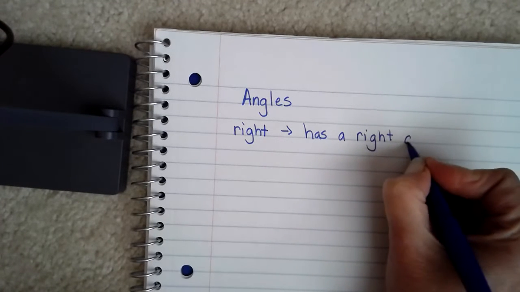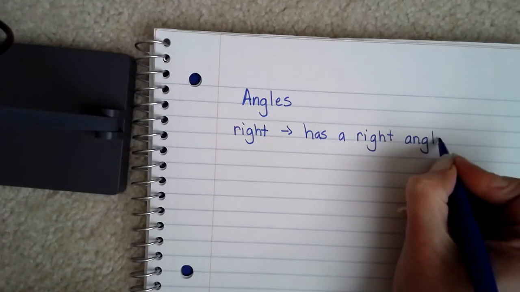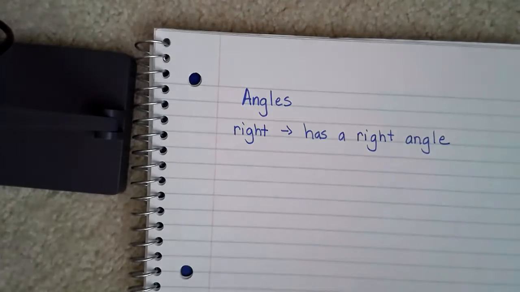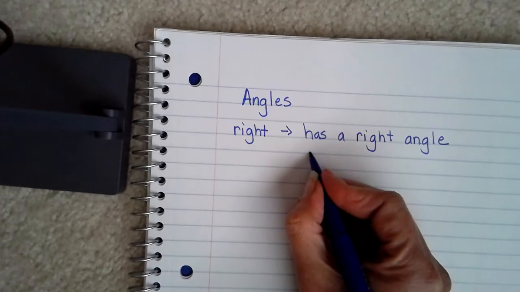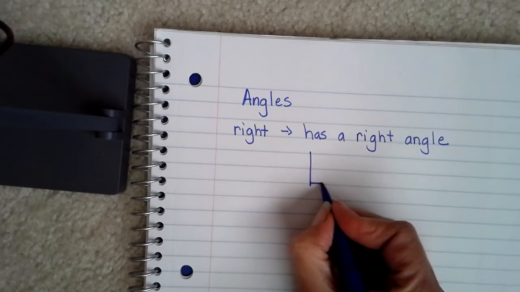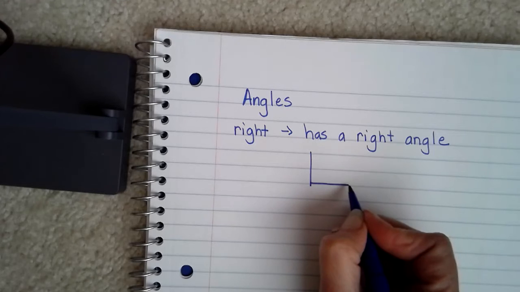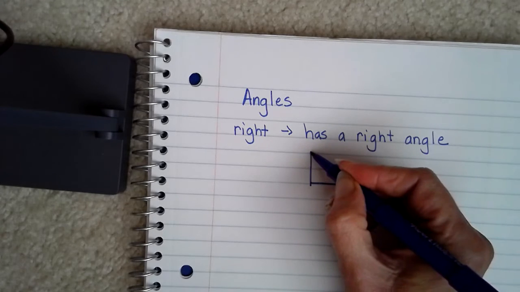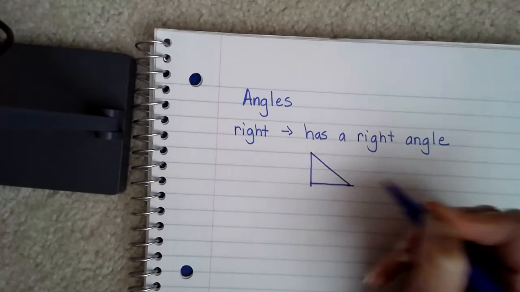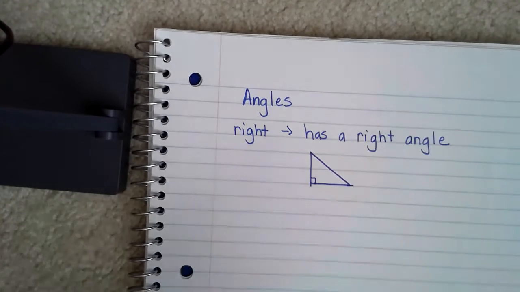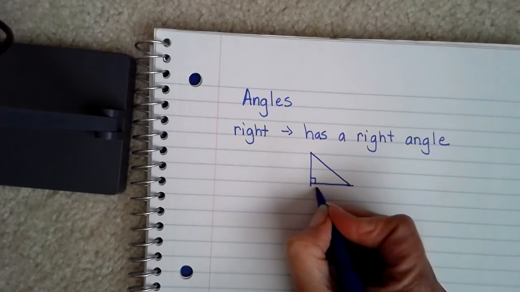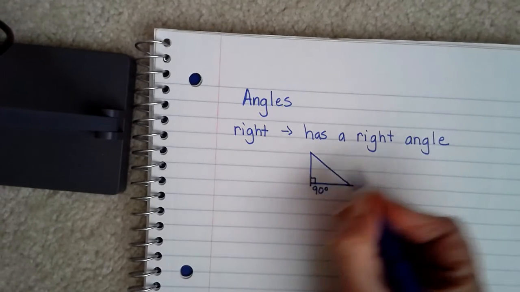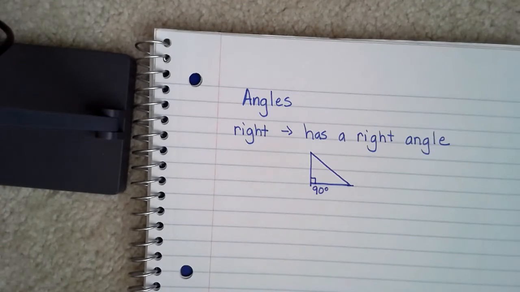And if you remember back to our last lesson, a right angle means it's a 90-degree angle, like the edge of a piece of paper, as long as the piece of paper is not rounded. So it might look something like this, and it has that little 90-degree angle in there. That 90 degrees, that little box, it's all a right angle.